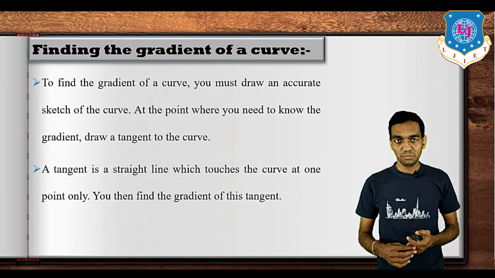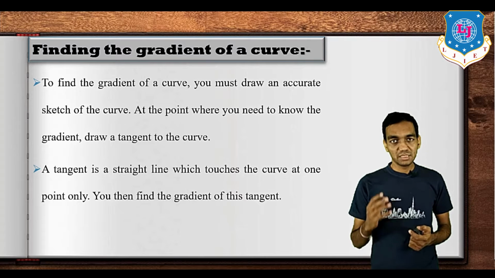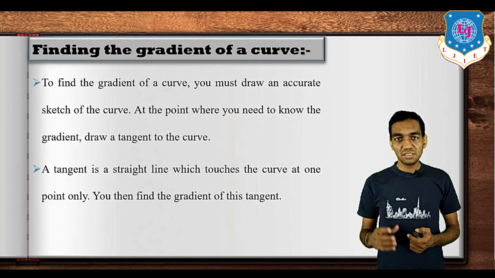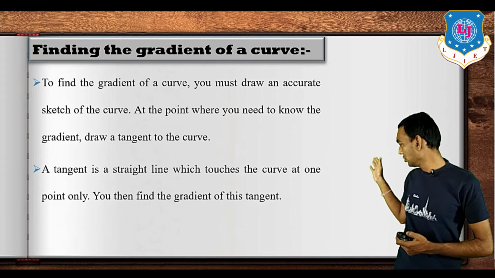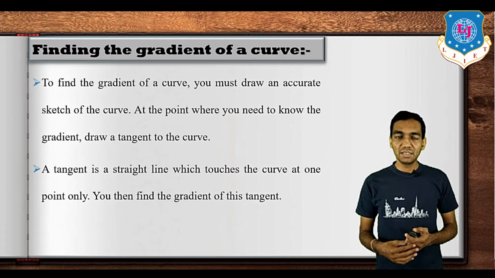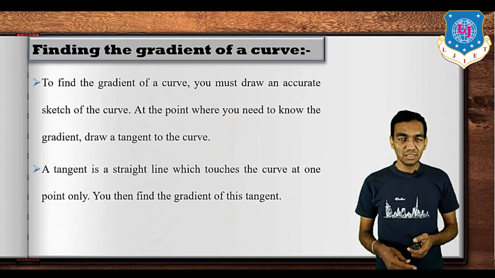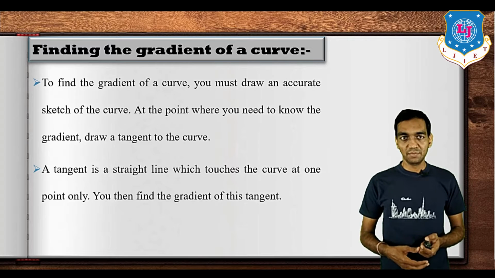A tangent to the curve is a straight line which touches the curve at one point only, correct? A tangent always touches your curve at only a single point. Then you can find the gradient of this tangent, and the gradient of this tangent is nothing but the slope of the tangent.